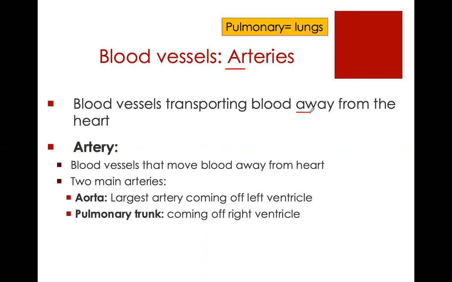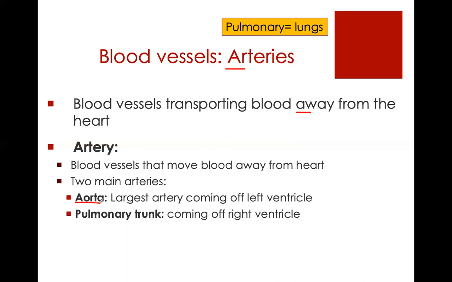We are not looking at whether the blood is red or blue. We're looking at the direction of the blood, guys. Moving away makes it an artery. There are two main arteries associated with your heart. The main one is associated with the left ventricle, which pumps blood out of, or away from, the heart. That's known as the aorta.